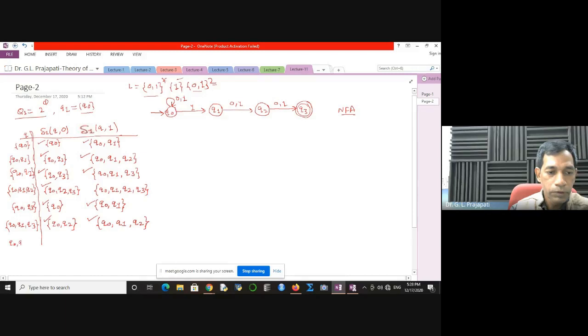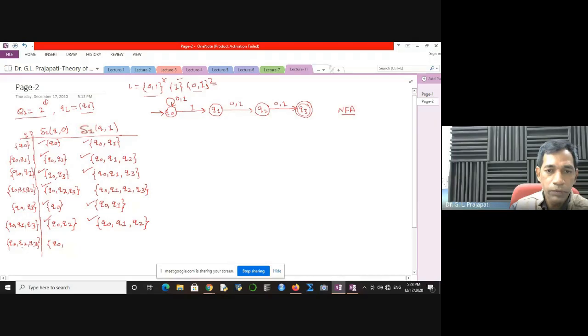If you are at this state, Q0, Q2, and Q3, then what happens? Whenever you are at the state Q0, for the case of 0, your machine goes to the state Q0.